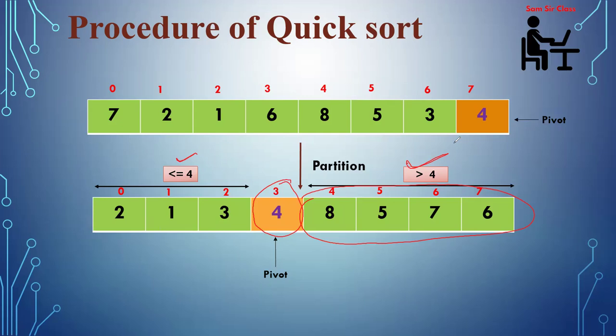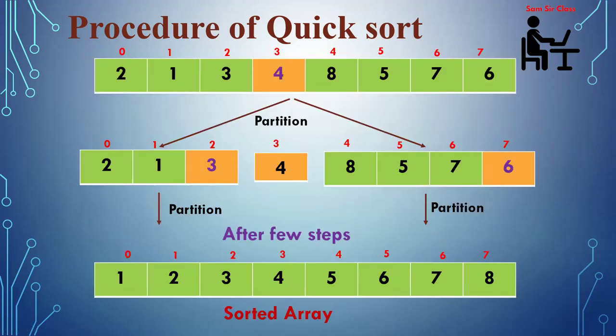If this condition is true, you can be sure that whatever process you have followed and the position of the pivot element you have kept is correct. Once again, the elements to the left of the pivot element will be less than or equal to the pivot element, and the elements on the right hand side are greater than the pivot element.